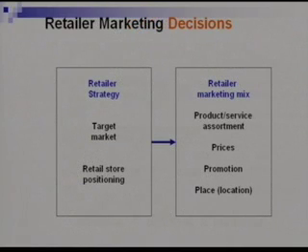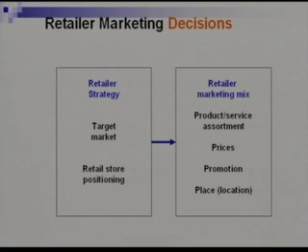So from a retailer's perspective, again, they think about the same sort of marketing strategy and marketing mix. They have target markets that they go after, and they'll sort of define it the same way, and they'll sort of position their stores as, we're the most convenient, or we offer the best specialized service, or we offer the most variety, or the lowest prices, whatever it is.